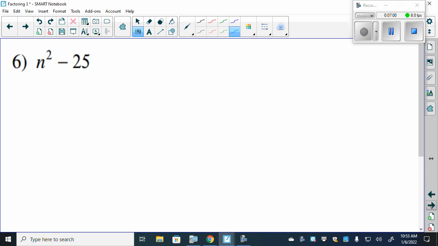Let's look at this one here, n squared minus 25. Now we can work through this and factor this like we did on the ones before. Since there's not a greatest common factor, we can write our 2 sets of parentheses with 3 spaces.